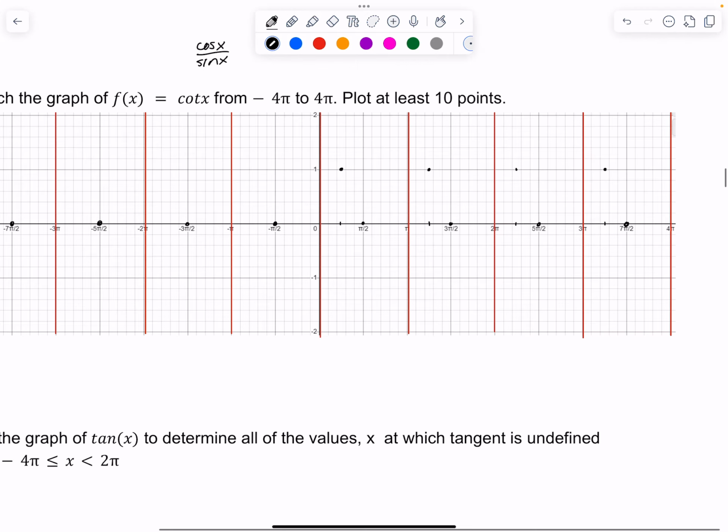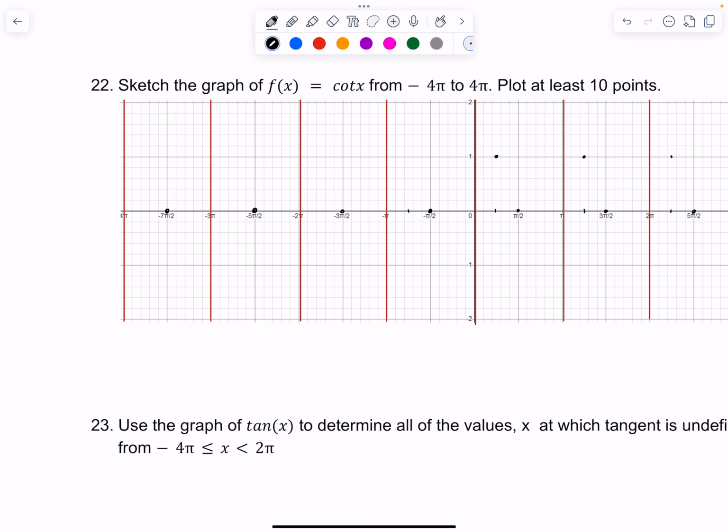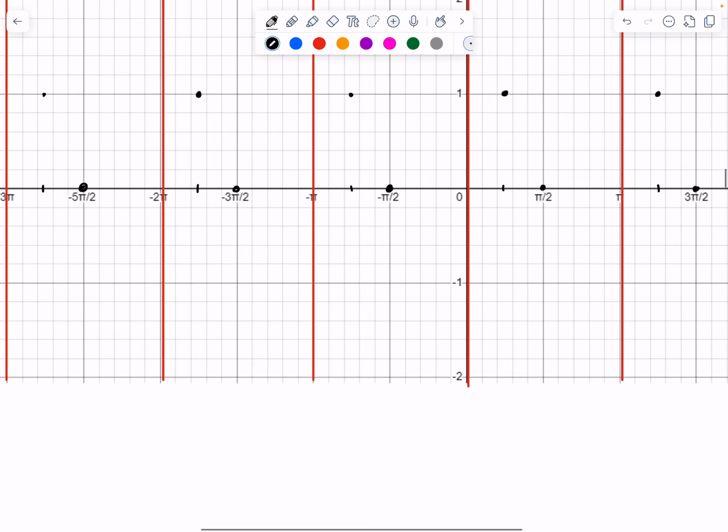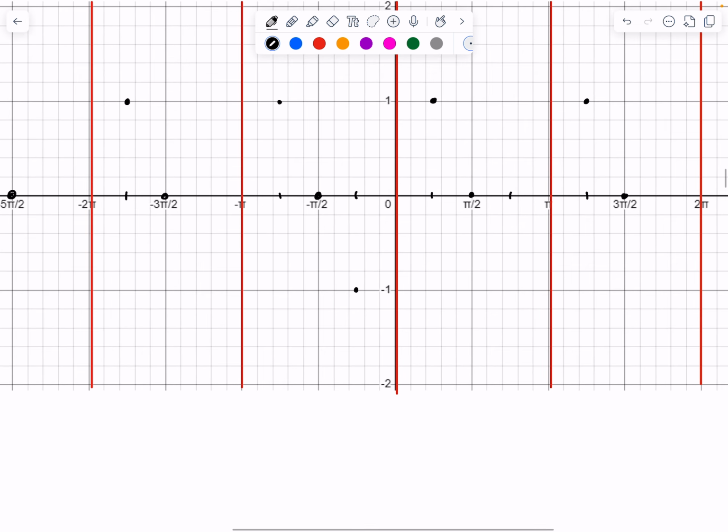Like this. And then I can do it on the other side as well. And then let's see, cotangent is negative 1 at 3 pi over 4. So that's right here. And it repeats itself as well.